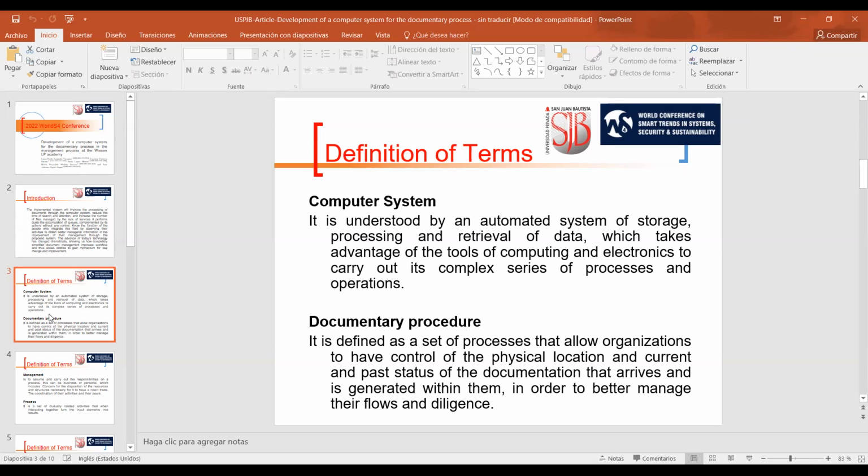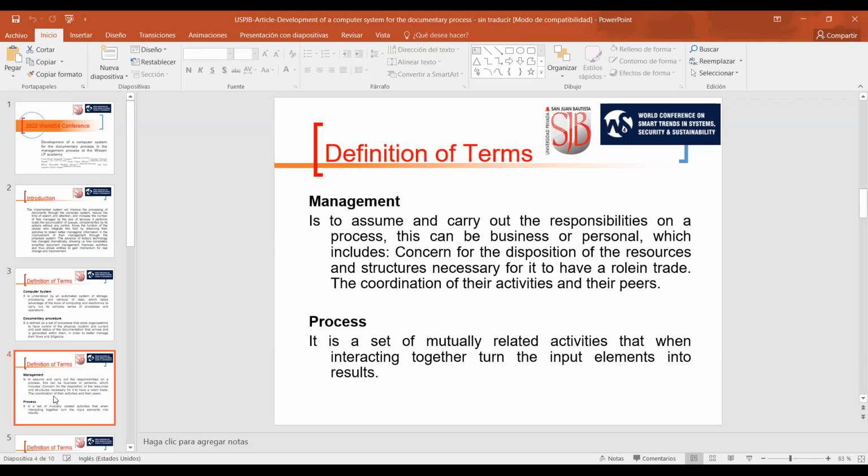Documentary procedure is defined as a set of processes that allow organizations to have control of the physical locations and the current and past status of the documents that arise and are generated within them, in order to better manage their flows and delays. Management is to assume and carry out responsibilities on the process.